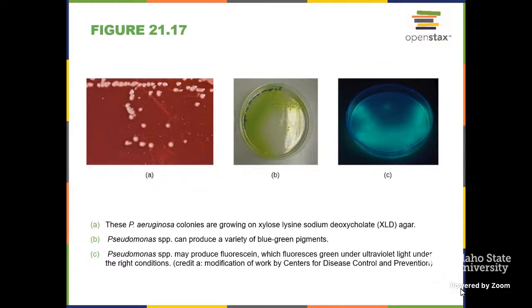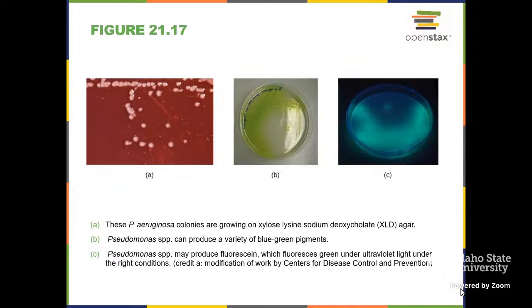It also is super good at causing biofilm formation, so it can lay down structures upon structures on top of itself and encase itself and hide away. So antibiotic therapy can be difficult with these guys because of that biofilm formation, and you might target the outer bit, but inside of it, they're still growing, all right?